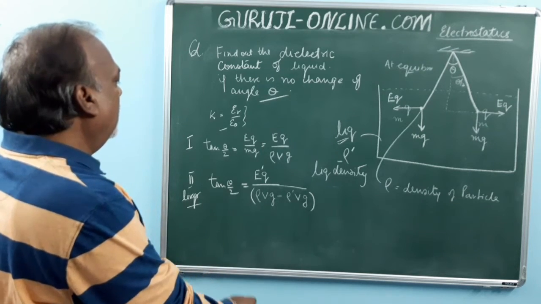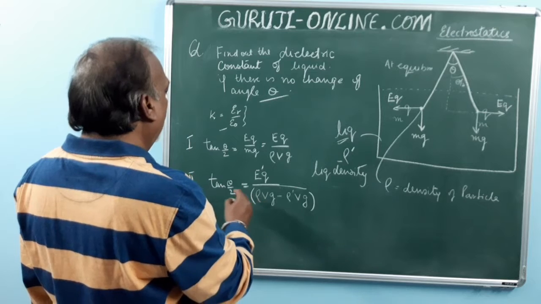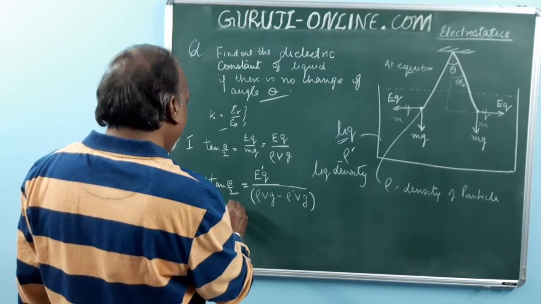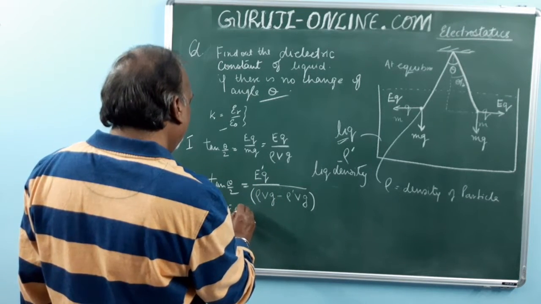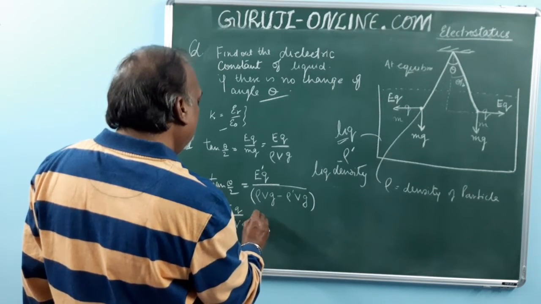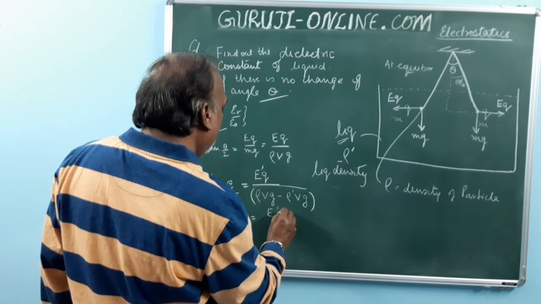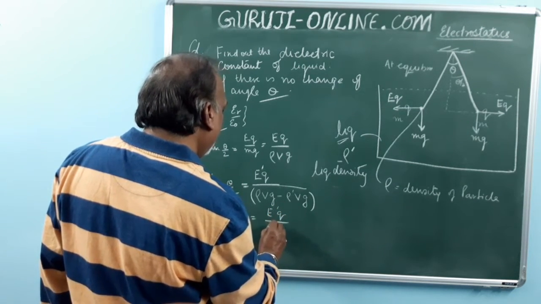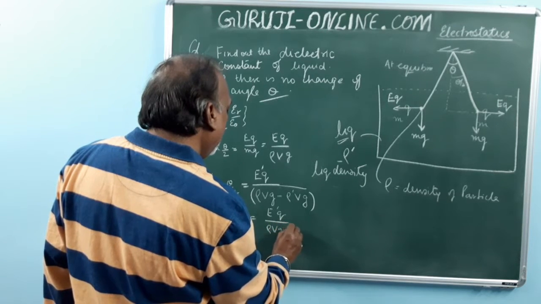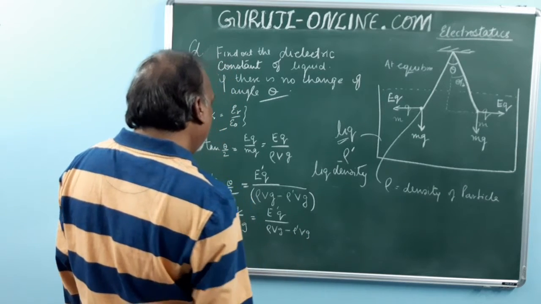Now, suppose if we divide these two or equate these two, then EQ upon rho Vg is nothing but E dash Q upon rho Vg minus rho dash Vg. Correct?